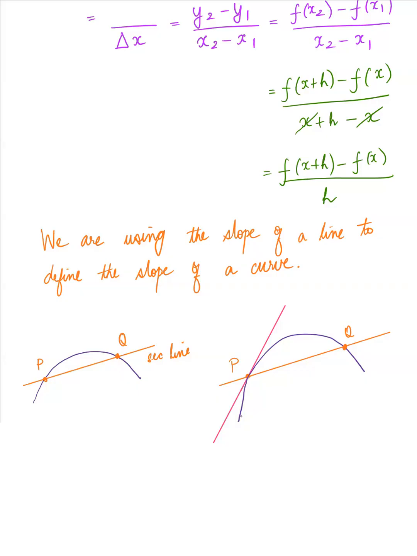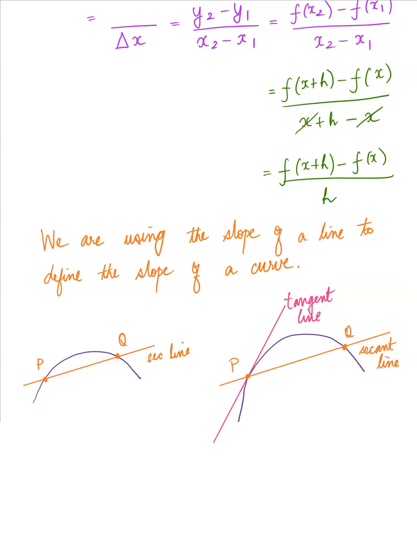So now your secant line is no longer useful because it's between two points, but this pink line is just at a point because it's touching it. We call this the tangent line. The orange line, we call it the secant line. Okay, it's between the two points.